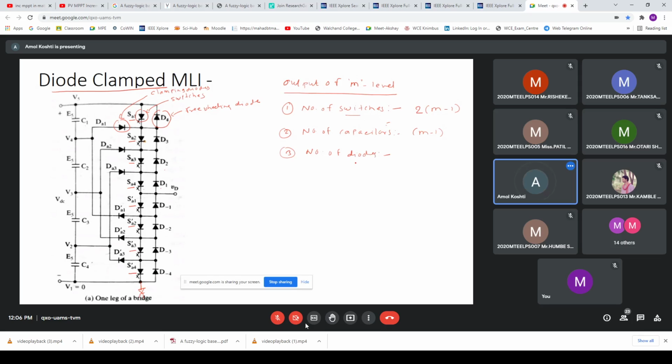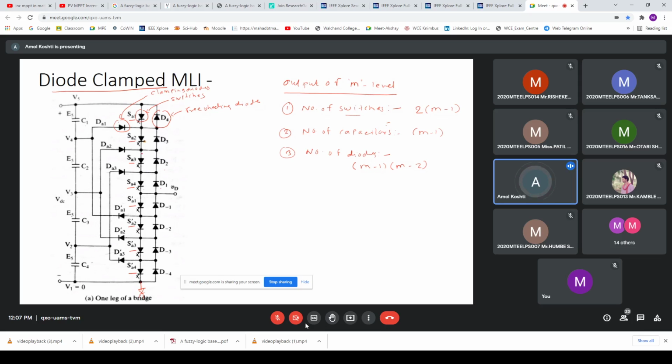For that there is a formula: (m minus 1) into (m minus 2). If we are referring to the 5 level inverter, then 5 minus 1 into 5 minus 2, so 4 into 3. Total 12 clamping diodes are required.